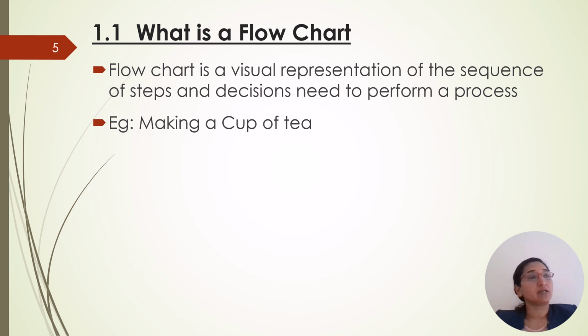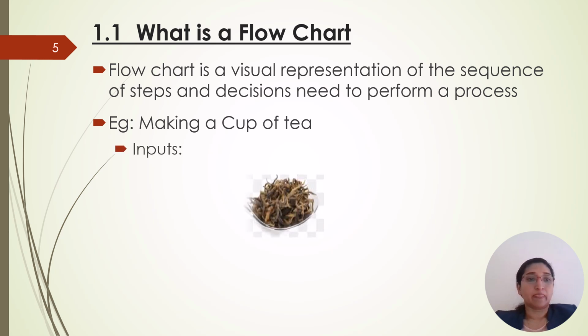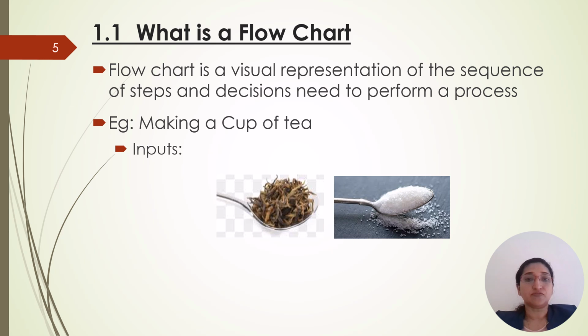So for you to make a cup of tea, you need certain inputs and you have an expected output. What are your inputs? You need tea leaves, you need sugar, and you need some water.